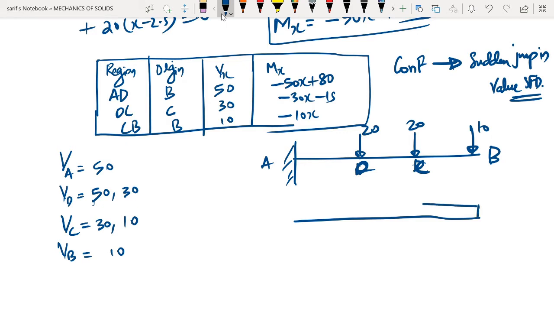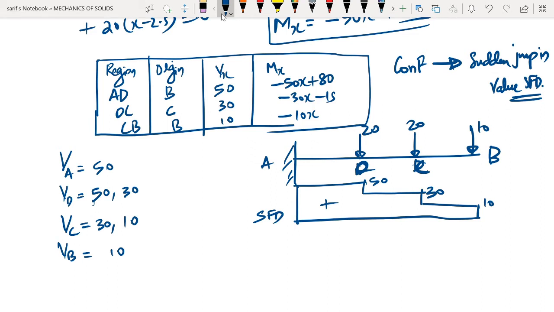Simply, between the regions of concentrated loading the shear force will have a constant variation, or a horizontal line. So now this would be the spike. This would be the shear force diagram. This will be 10, this will be 30, and this would be 50. So it will have a positive sign, and this is the shear force diagram.